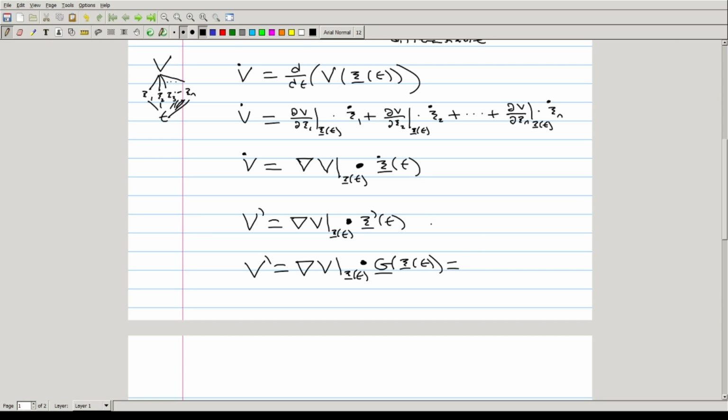This is the same thing as the magnitude of the gradient of v at xi of t times the magnitude of xi prime times cosine of theta, where this is a function of t. Theta is changing as a function of t. Theta here is the angle between the gradient vector and xi prime at any point.